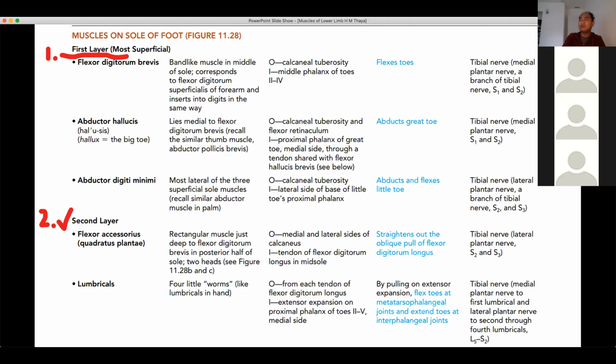Well, we are Bio 004, A0208 students, so we need to know a little bit more than other students. Now just try to call their names. Flexor digitorum brevis: flexor means it will flex the toe. Digitorum means the small toes, not the big toe, not our hallucis. The hallucis will be flexed by the flexor hallucis.